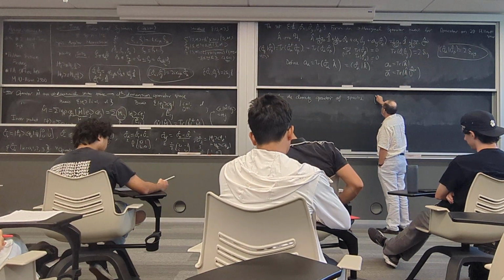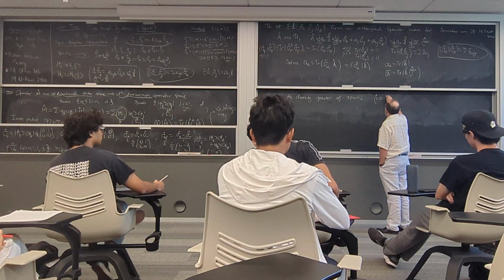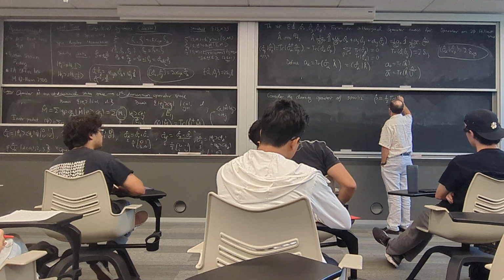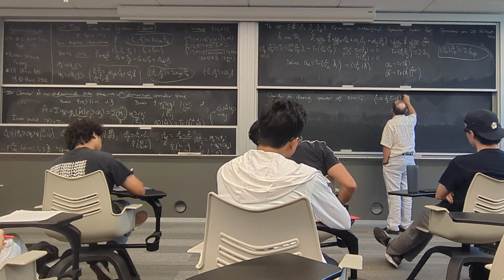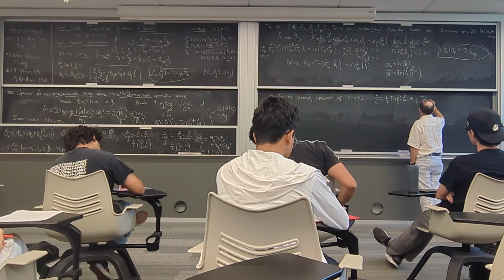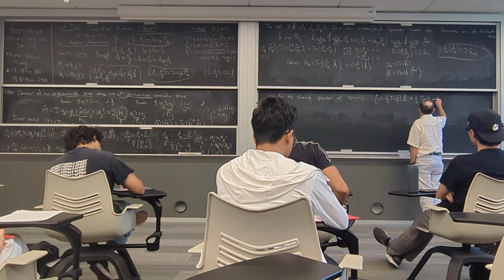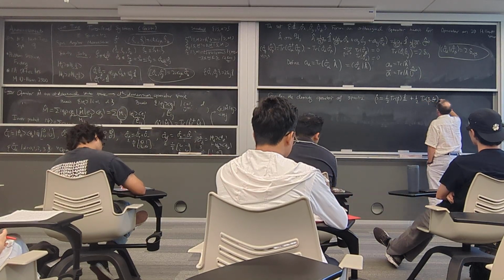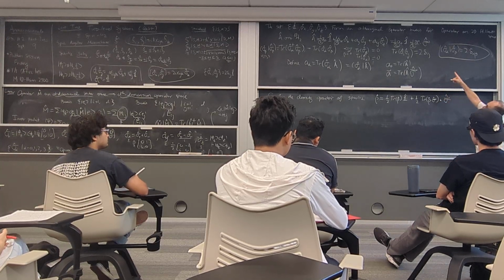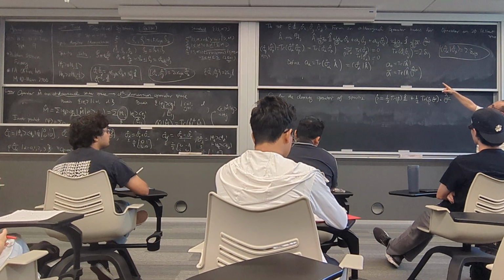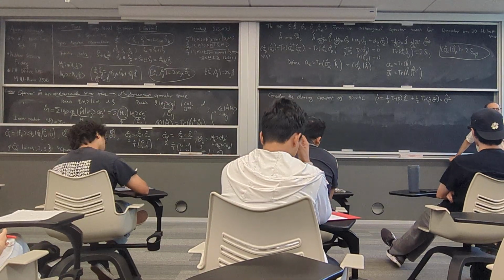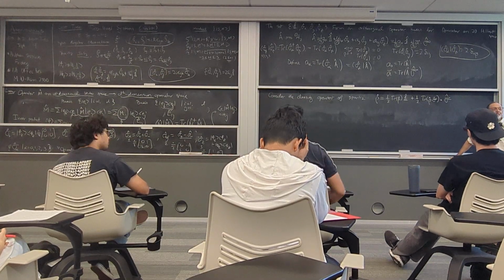I can express rho as a half times the trace of rho times the identity, plus a half the trace of rho with the vector of Paulis dotted into that. That was for some arbitrary A; now it's specific for the density operator.